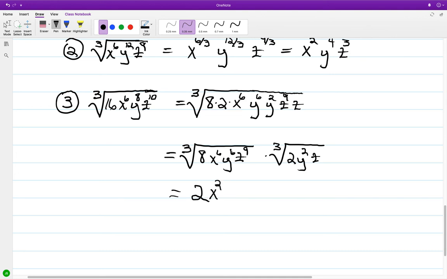And we have y to the 6/3, and 6 divided by 3 is 2. Z to the 9/3, we have z to the 3rd. And so for the final result in this one, we have 2x squared y squared z cubed times the cubic root of 2y squared z.